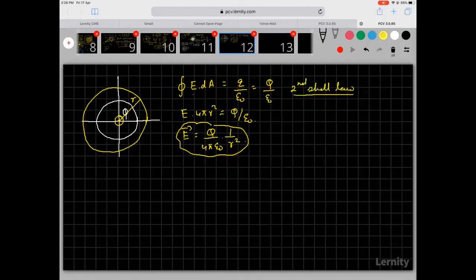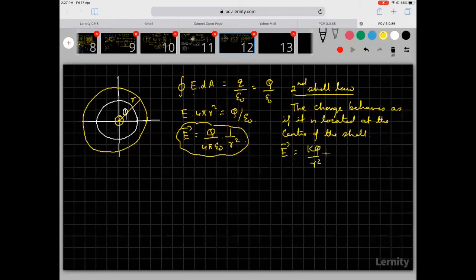The next one is for all points outside the shell, the charge behaves as if it is located at the center of the shell. And the electric field is equal to KQ by R squared.